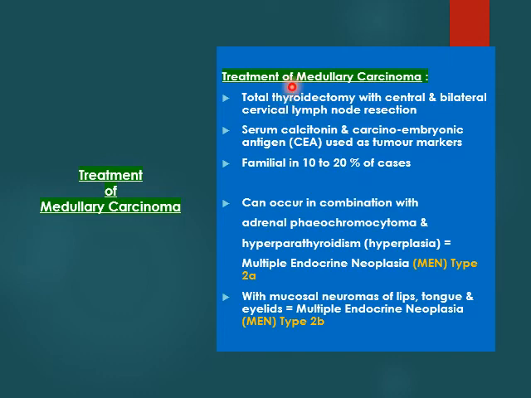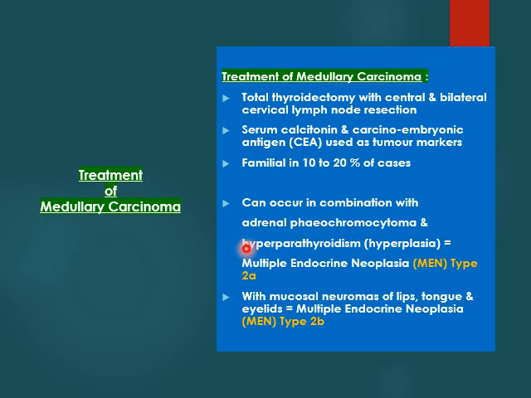Then treatment of medullary carcinoma is total thyroidectomy with central and bilateral cervical lymph node dissection. In these patients, serum calcitonin and carcinoembryonic antigen, CEA, are used as tumor markers. These tumors tend to be familial in about 10 to 20% of cases. Medullary tumors can also occur in combination with adrenal pheochromocytoma and hyperparathyroidism.